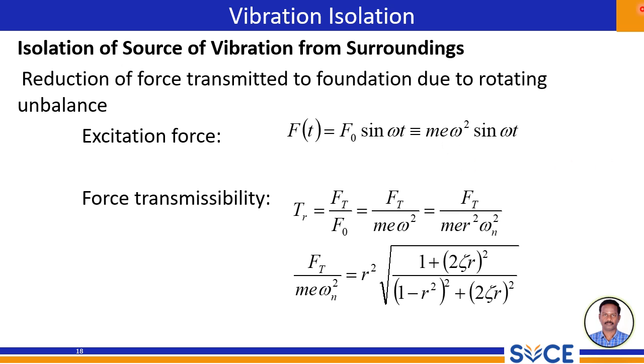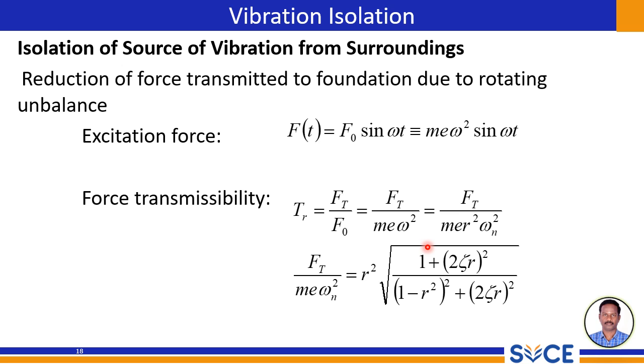The key concept here is force transmissibility, denoted by T suffix R, that is, the ratio of force transmitted to the foundation to the excitation force. This slide provides several equivalent expressions for T suffix R. It starts with F suffix T divided by F naught, which is further expressed as F suffix T divided by m e omega squared.